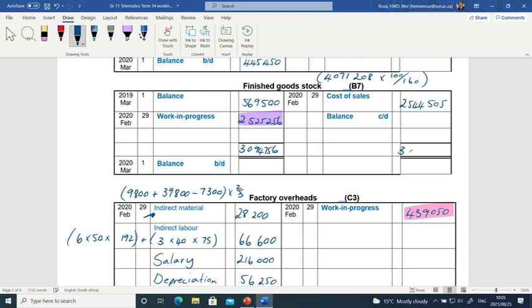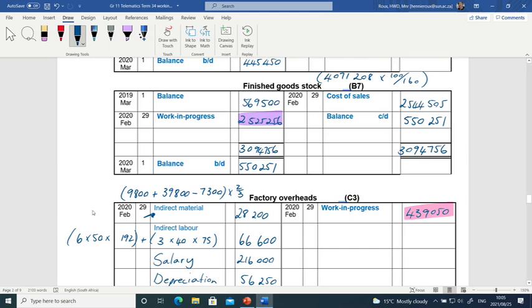Two totals must be the same, 3,094,756 minus cost of sales in order to give me finished goods at the end. What I end with, I did not sell that, so that is what I still have on hand.